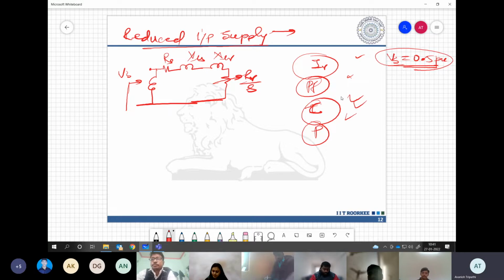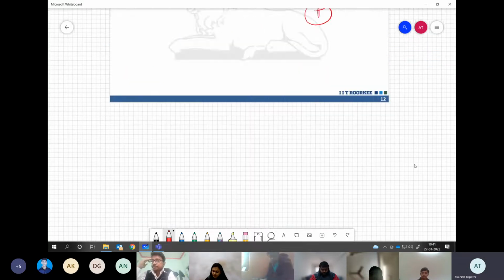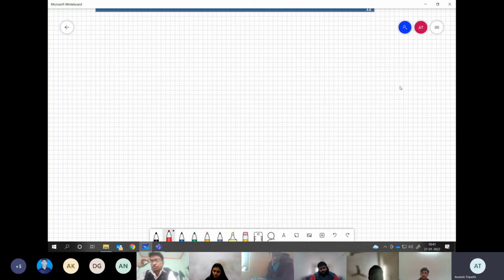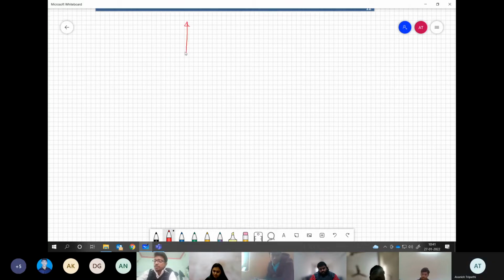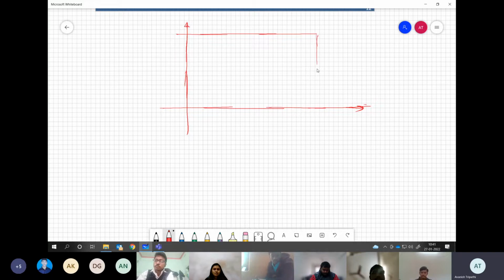Now, if I compare these two methods of starting in terms of the torque speed characteristic, this is the maximum torque, let us say, and this is slip equal to 1 and this is 0.